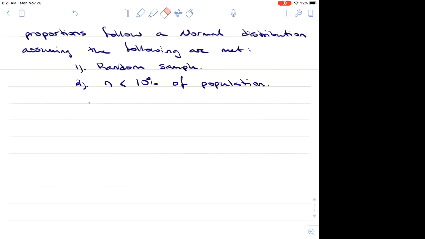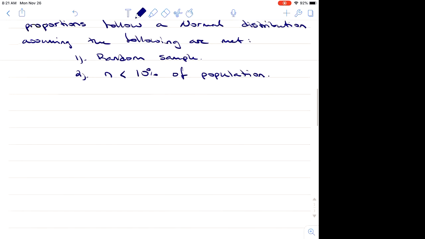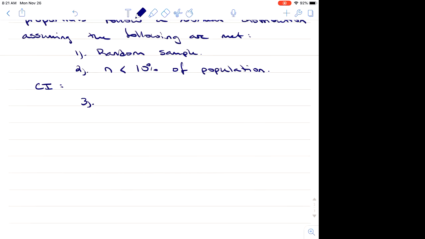here's where we stray. We said, okay, well, there's going to be a difference between if we're doing a confidence interval or a hypothesis test. So we'll start with the confidence interval assumptions. So for a confidence interval, what you're going to do is read these questions and figure out, okay, am I going to do a confidence interval?